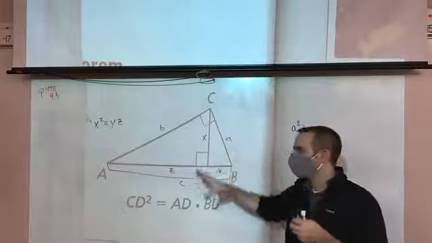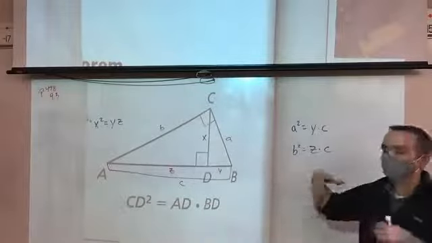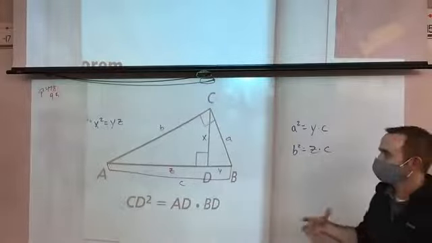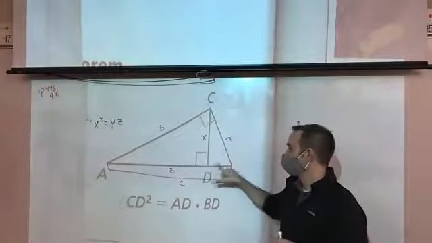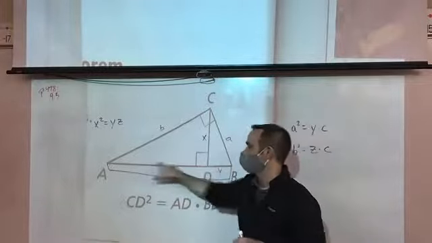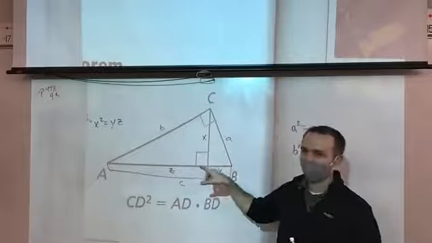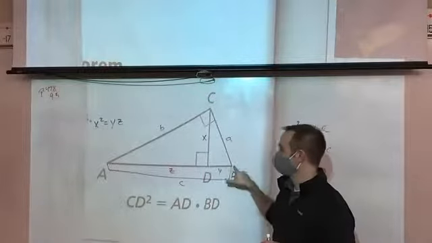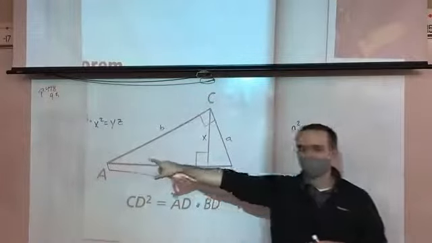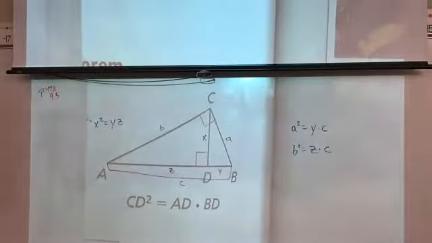So this is just our general form that we're talking about. You need to understand how this works. The altitude squared is equal to the two parts of the hypotenuse multiplied together. The leg squared is equal to the part times the whole thing. Okay, so using the letters helps us to visualize it, but it's not going to help us memorize exactly what to do.